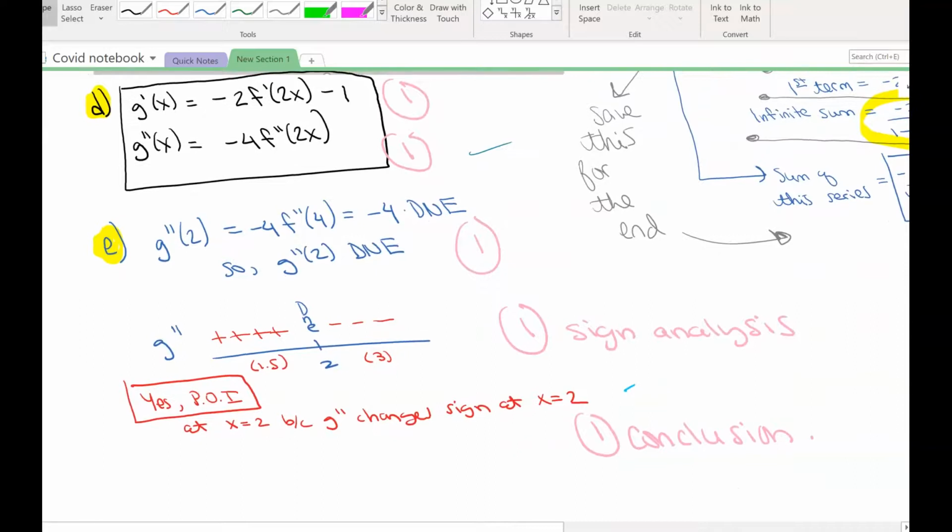And then you've got to do a sign analysis, like check the values of G double prime to the left and to the right. So you have to remember what you're doing here. You have to go left of 2. I picked 1.5. Left of 2 is 1.5, for example, but G double prime of 1.5 is going to equal -4 times f double prime of 3, because of the relationship here. Well, let's see.